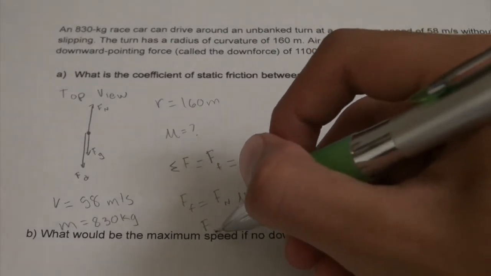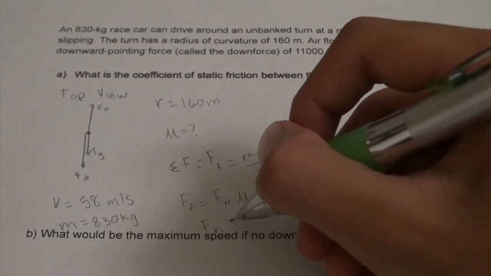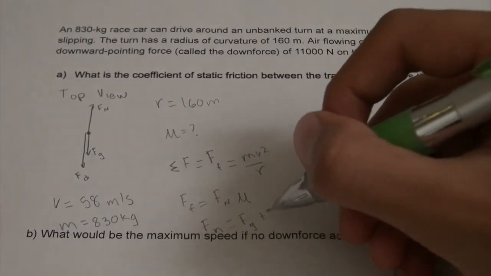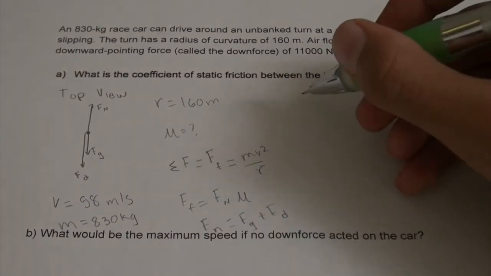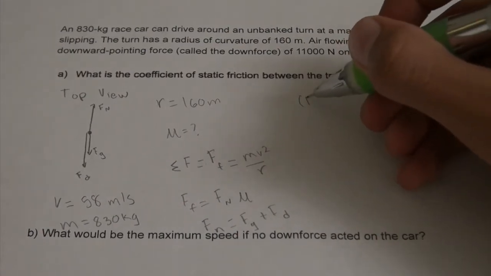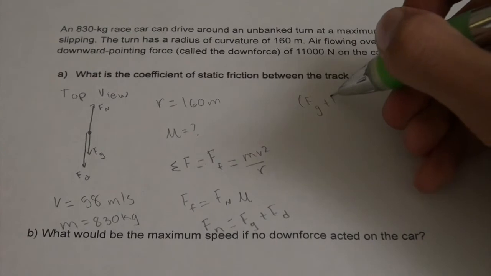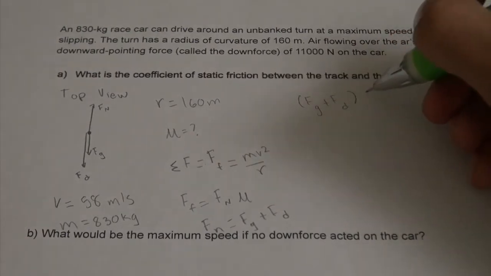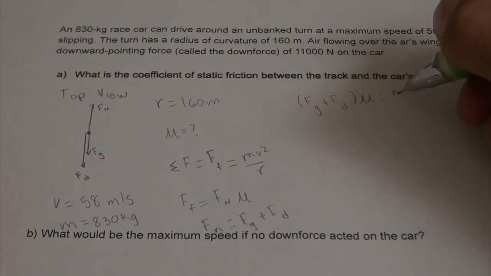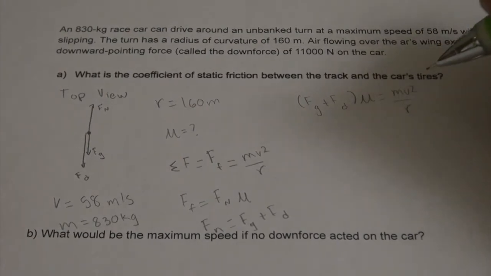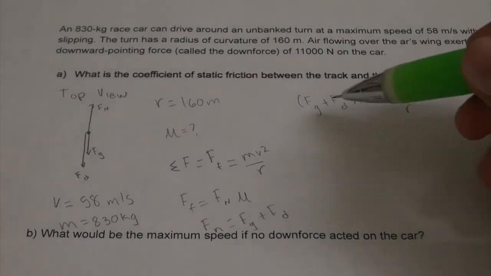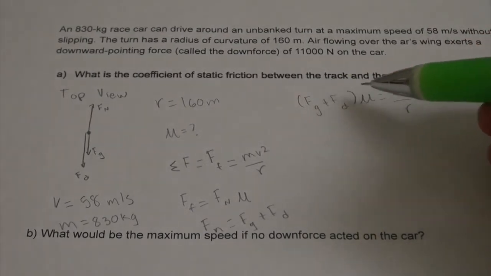F of n can also be stated as F of g, force of gravity, plus F of d, downforce. This can now be plugged into the equation: Fg plus Fd times u is equal to mv squared over r. We now divide both sides by the quantity Fg plus Fd.